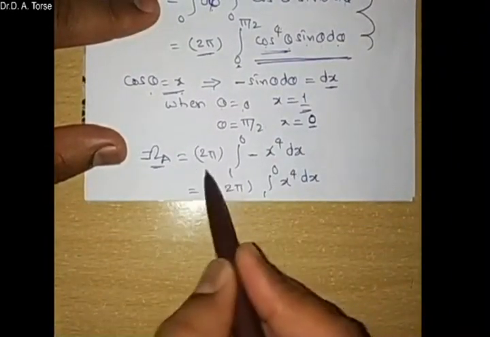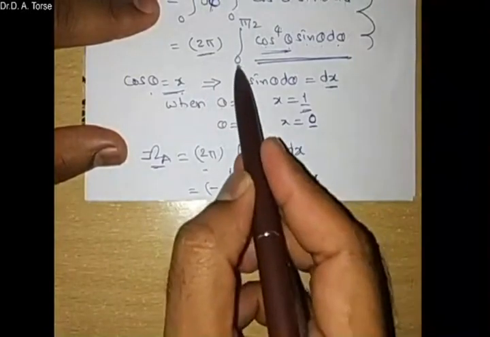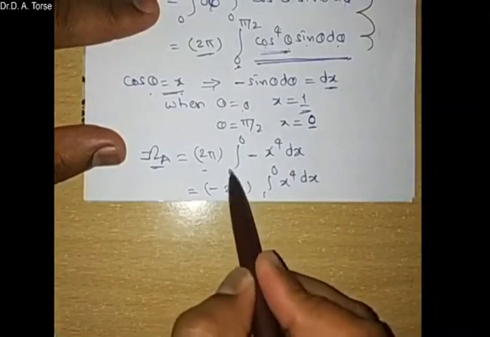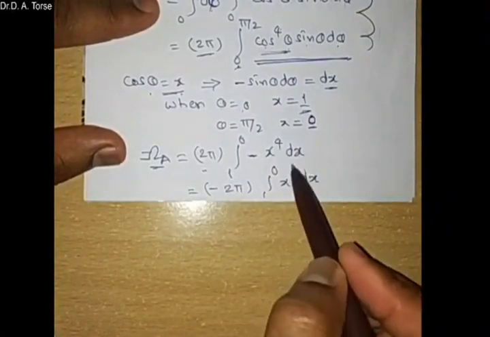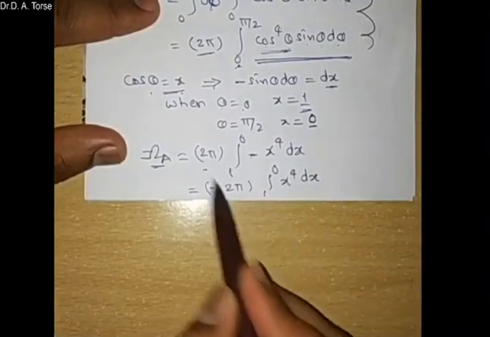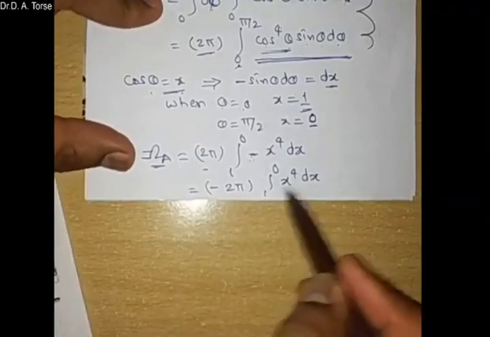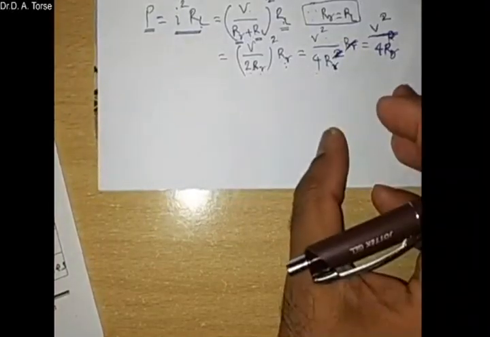So omega A, we compute with 2 pi as a constant outside the integral. For the earlier limit 0, the new limit is now 1. From 1 to 0, we need to find the integral of x to the power 4 dx. We can take the minus sign outside the integral and find the integral, which is x to the power 5 by 5.